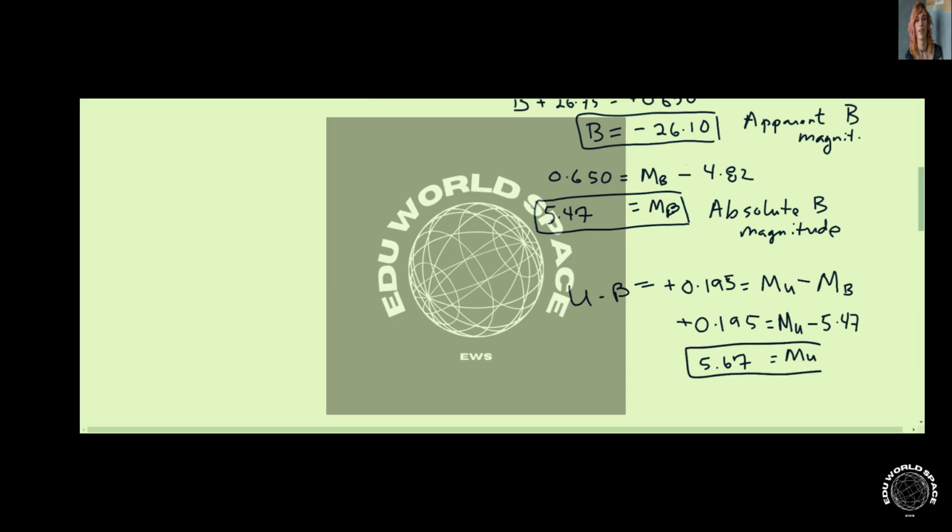And actually, we're kind of working backwards, because you would typically do the measurements through the filters and work out the absolute magnitudes from there. Okay, so the B is minus 26.10, and that difference is 0.195.